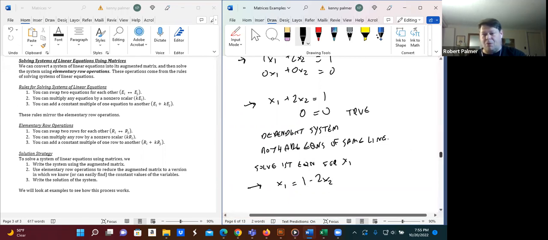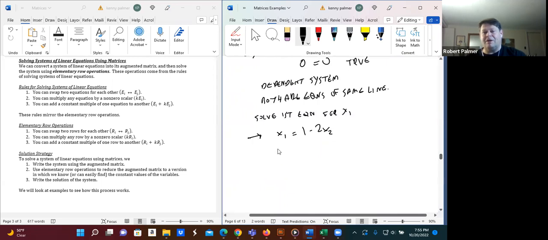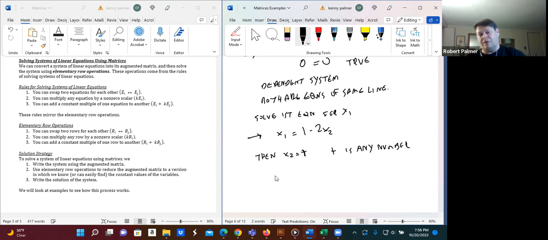And now I'm going to make x2 equal to some number I'm going to call t, where t is basically any number. And so then that means that x1 is equal to 1 minus 2t.